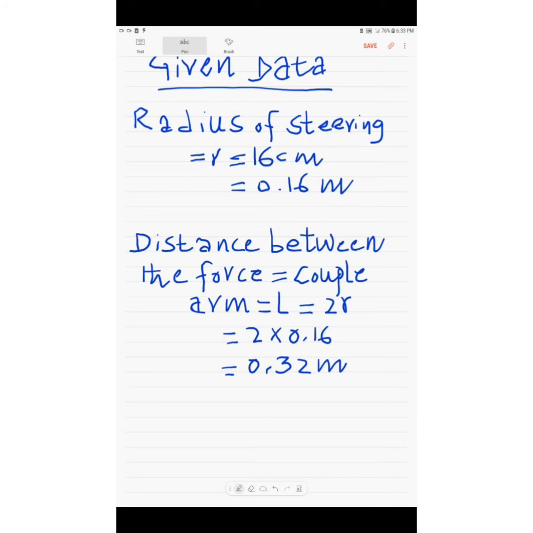Force of couple is equal to F, and F is equal to 50 Newton.